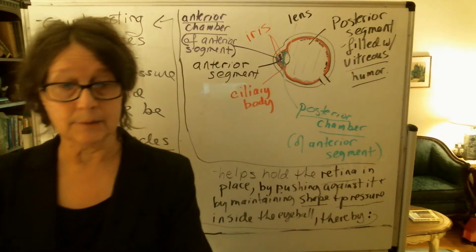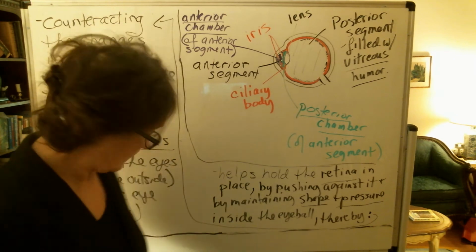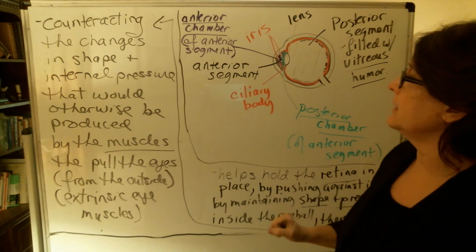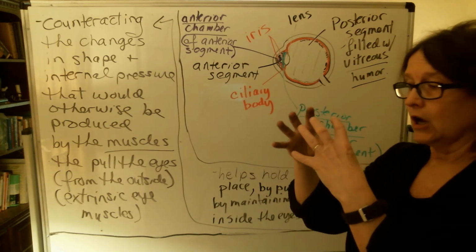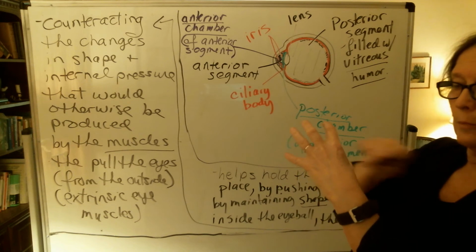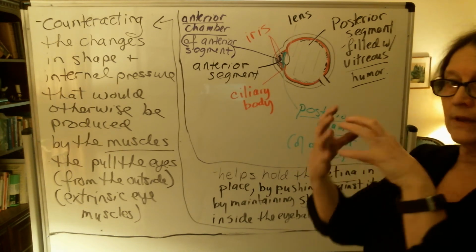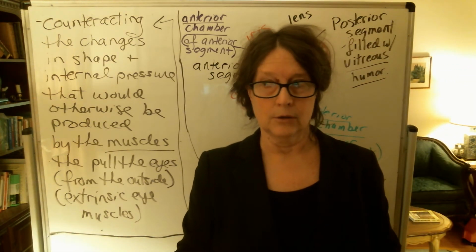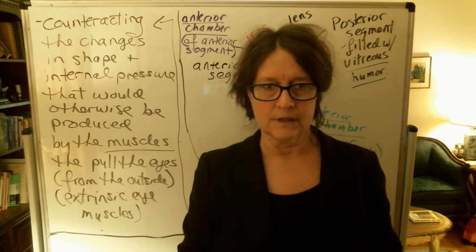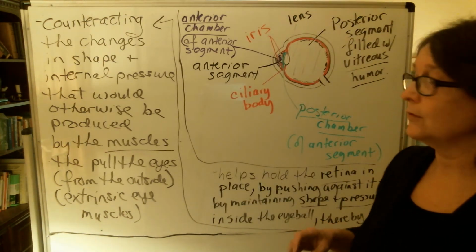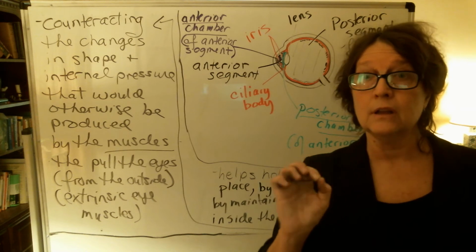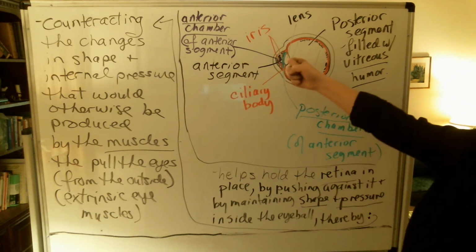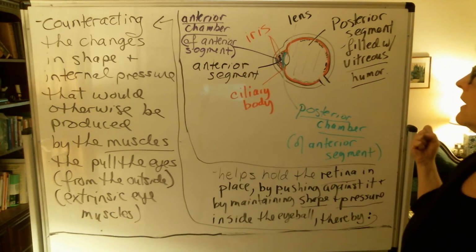So what did I just say? It goes like this. You have this jelly in here, basically, and on the outside of your eye, you have muscles that are pulling on the eye. That is how the eyeball turns around in your head. It's what allows you to raise and lower your eyes and look backwards and forwards and this kind of thing without even moving your head. And of course, the interior of your skull in the eye socket is not perfectly spherical. And you have these muscles pulling on the outside of the eye.